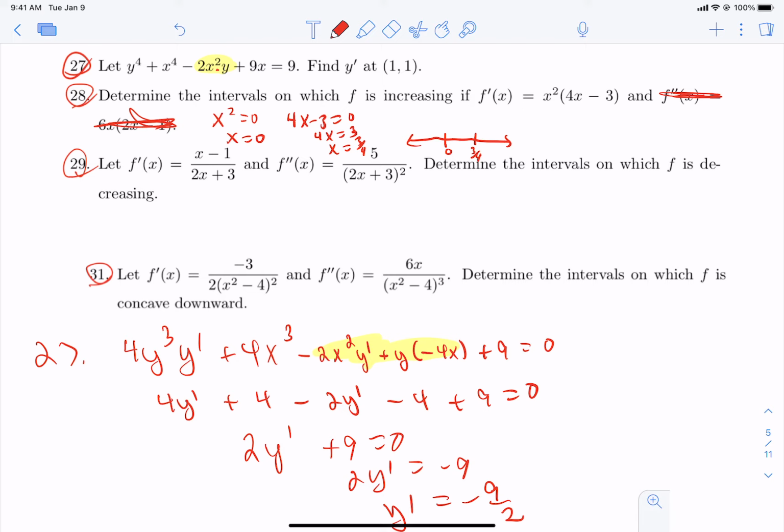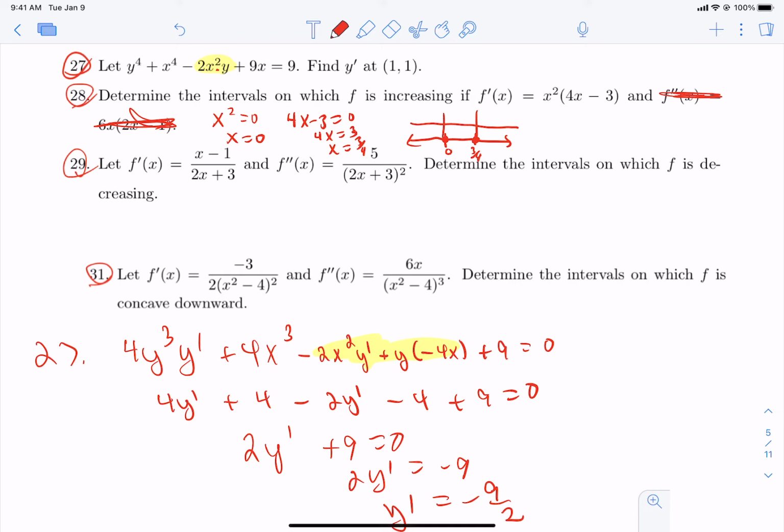Now these are just polynomial points. They exist. They're wonderful. Put a closed circle. And now put the factors on the side, x squared and 4x minus 3. Then we're going to have test points.